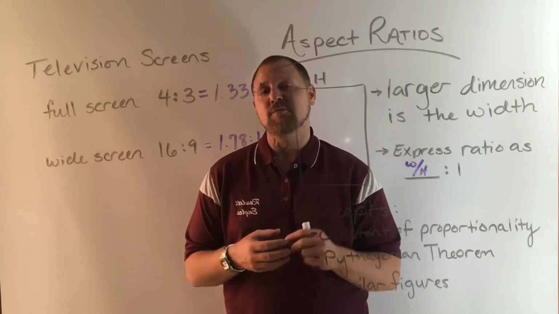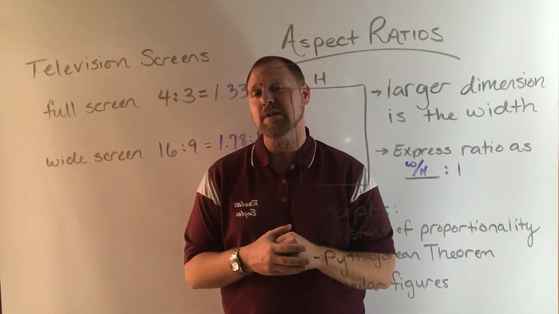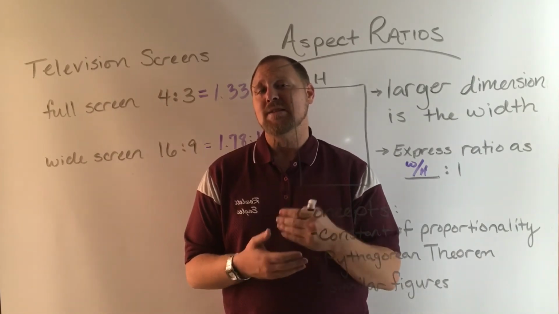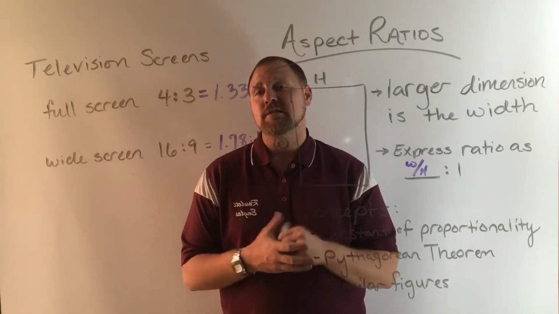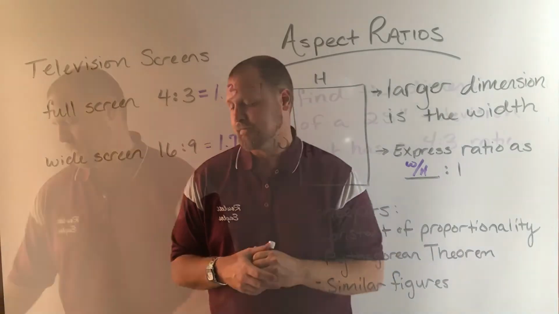And then we'll also see, when those black bars at the top and the bottom or the sides of a television screen, we'll see how much area is occupied by the screen's image and essentially how much area is lost or goes unused on that television screen.